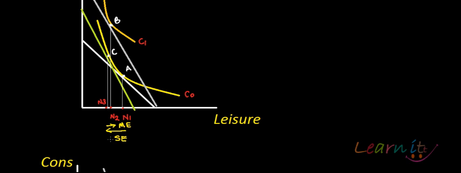So the income effect in this case offsets the substitution effect. What you have seen here is that when wages have increased, the person has started working more. The substitution effect in this case is the movement from N1 to N3, and it dominates the income effect.